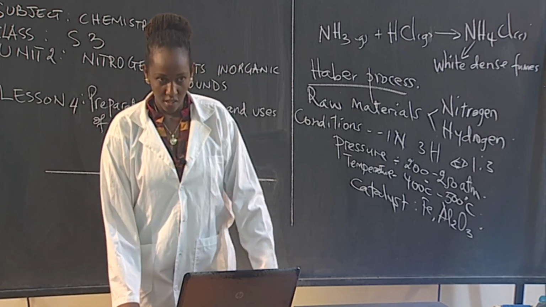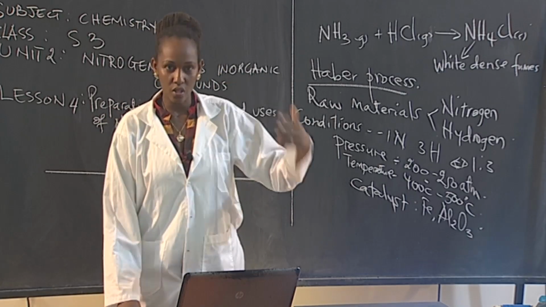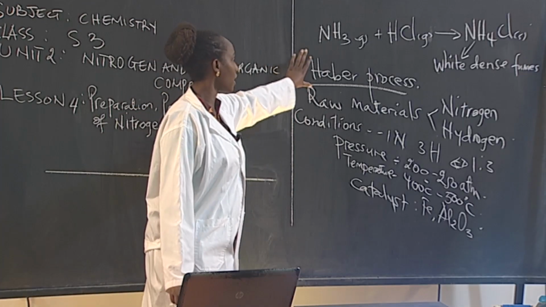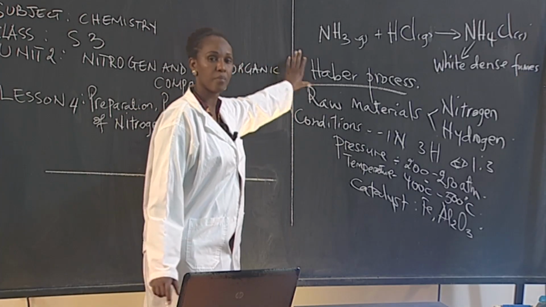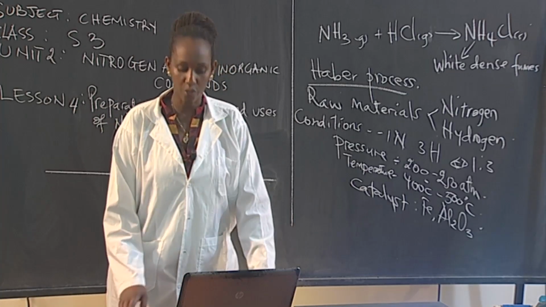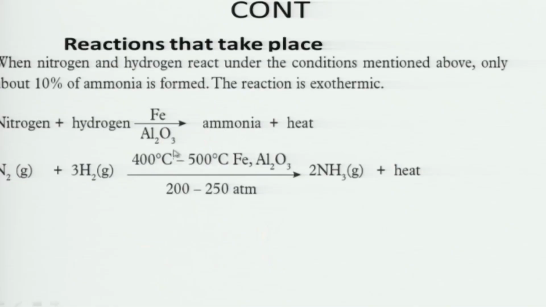So those are the raw materials and conditions we should have in the manufacture of ammonia under the Haber process. Now the equation of reaction, so look at the slide.